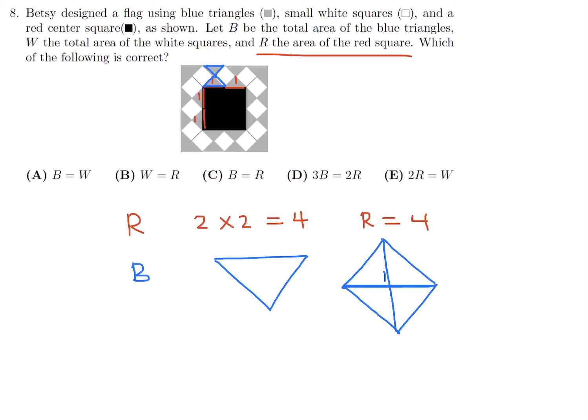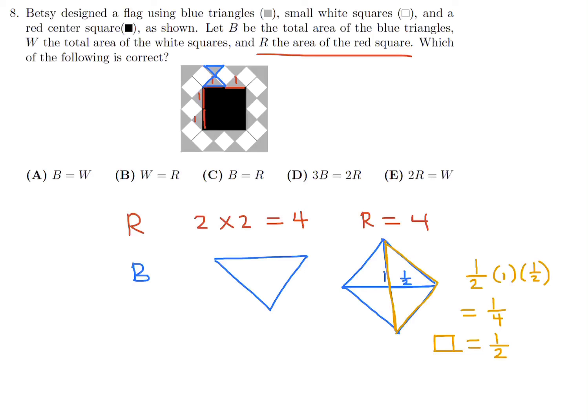So if the diagonal is 1, then half of the diagonal is a half. So therefore, if you figure out the area of one of these triangles, the area would be 1/2 base, which is from there to there, is 1, times height, which is a half, and therefore this is a quarter for the triangle. And therefore the square, which is essentially 2 of those triangles, will be a half.